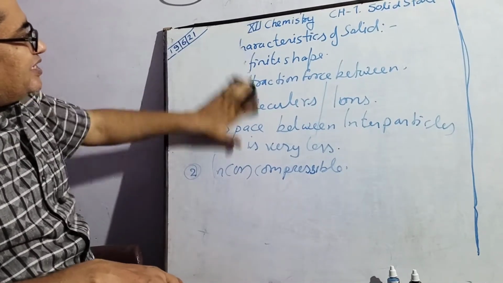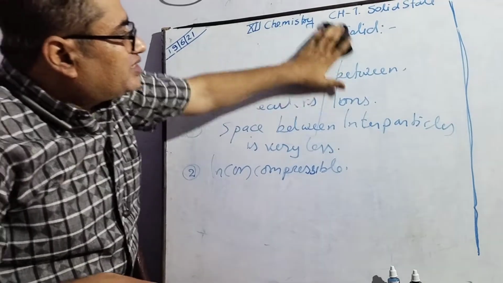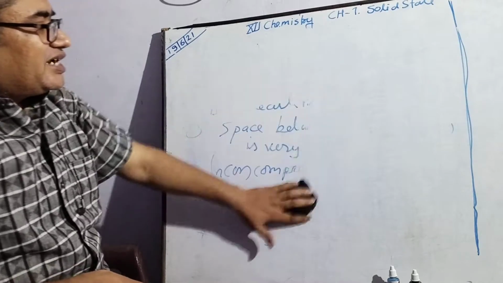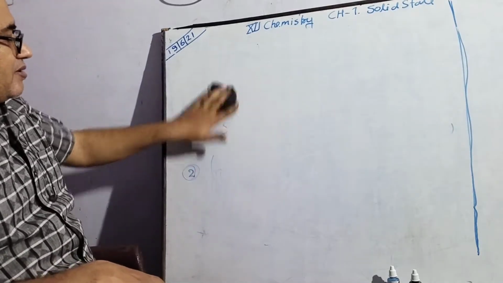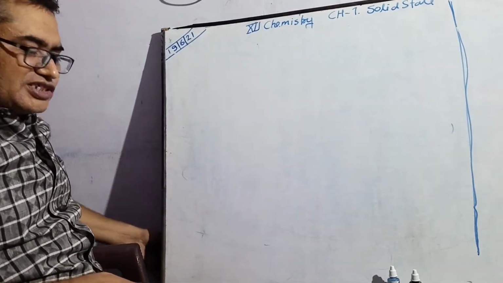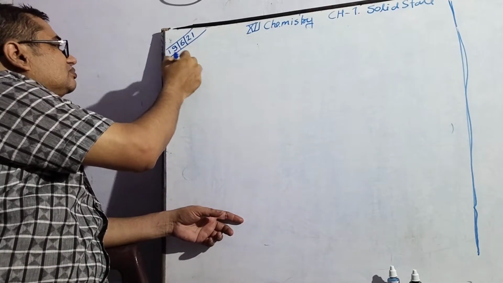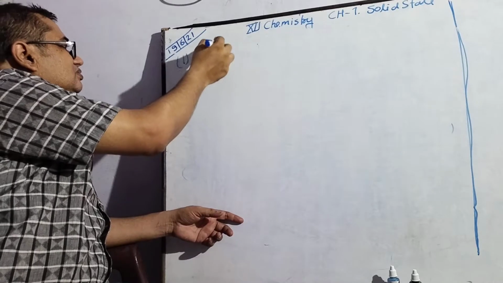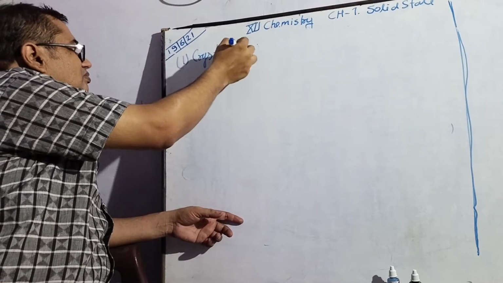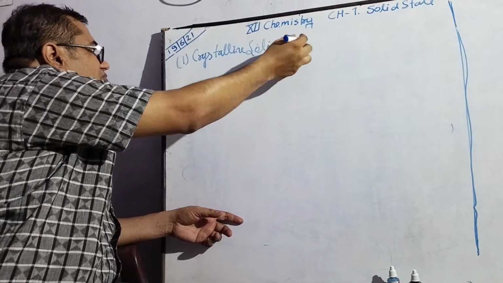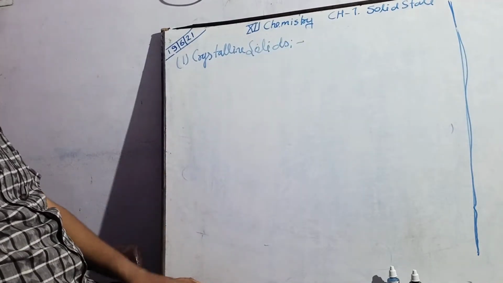Now we have to move to the classification of solids. Solids are of two types: number one, crystalline solids, and number two, amorphous solids. First of all, we discuss crystalline solids.